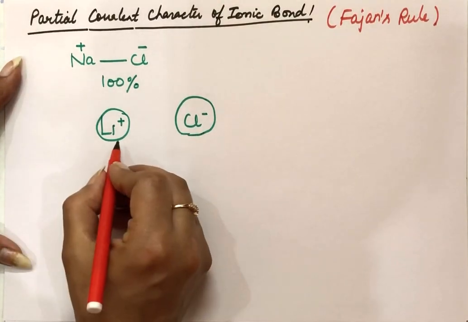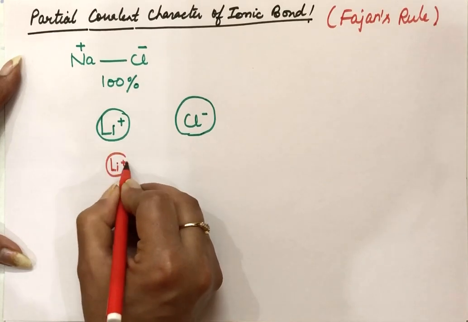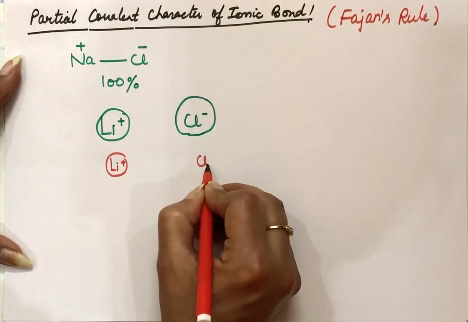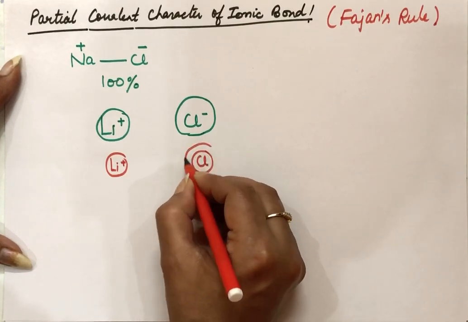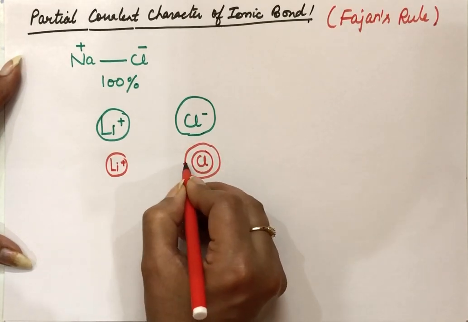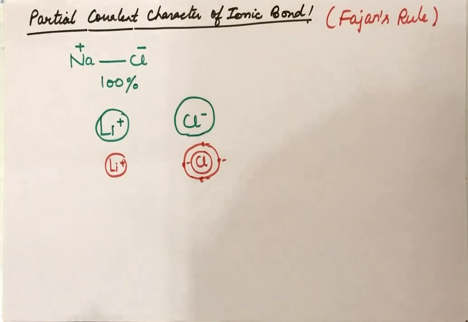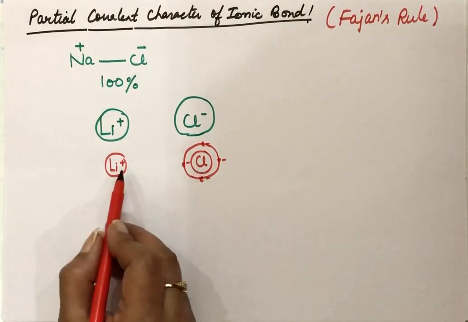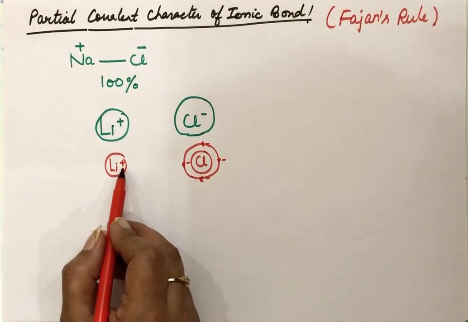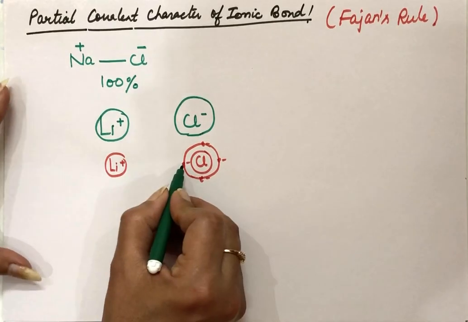To understand this, let's say this is the cation Li plus, and in this anion Cl minus, the electrons are around it. Initially the electrons are symmetrically distributed around the anion. When the cation approaches, its positive charge pulls the negatively charged electrons.